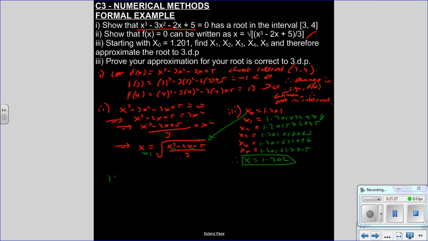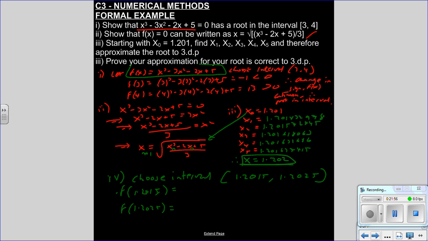So we've just done this. So we'll choose the interval, and we always go for the upper and lower bounds, 1 decimal place more than what we have. So choose the interval 1.2015, 1.2025. F of 1.2015, f of 1.2025 equals. You would need to write that in, and remember this needs to go into f, and f was this.